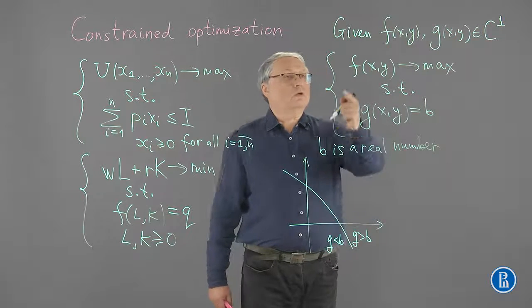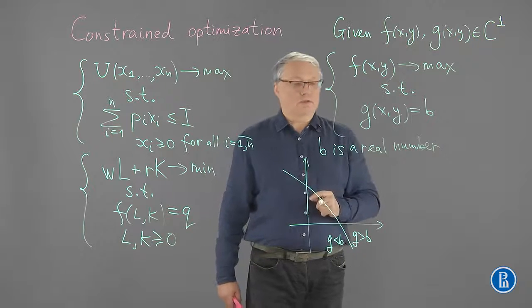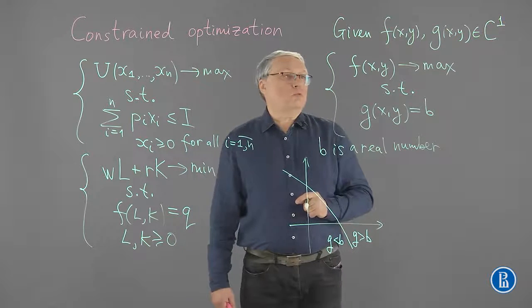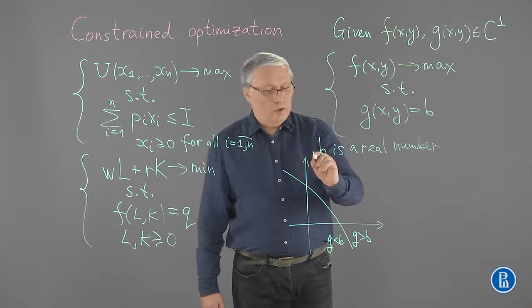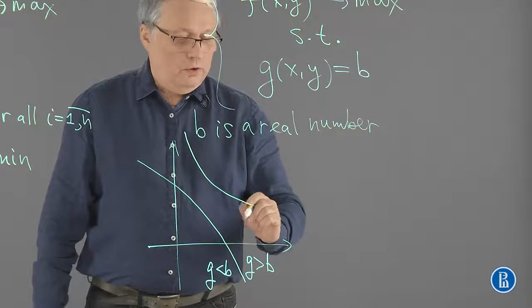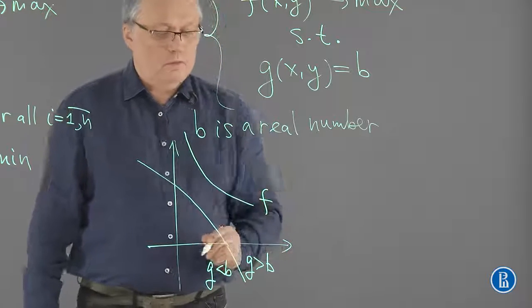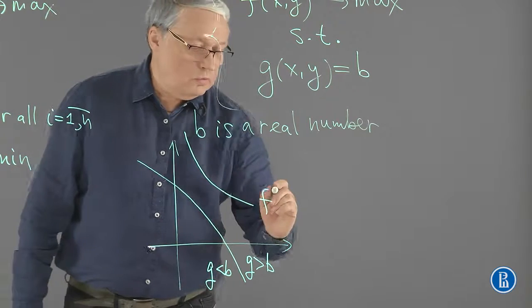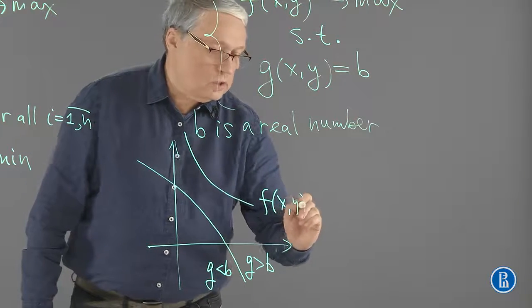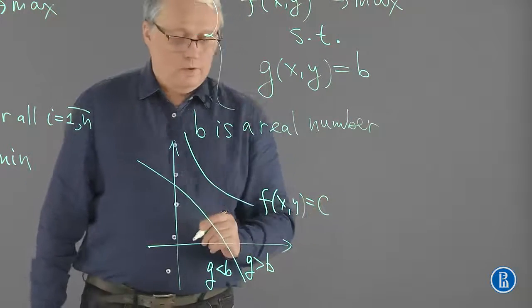Now, how to represent graphically the objective function f? It can be done with the help of level curves. For instance, this is a level curve at each point of which the function takes some value c.